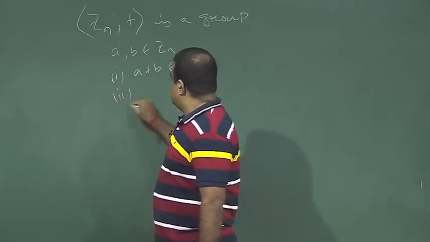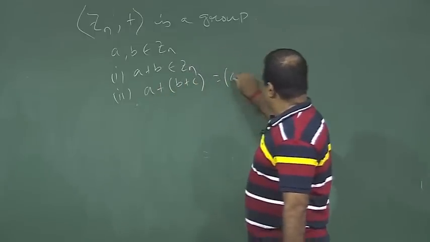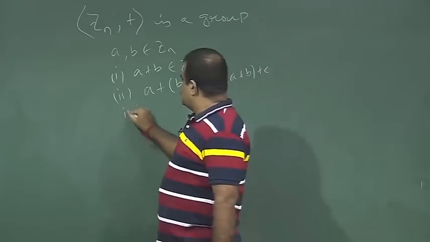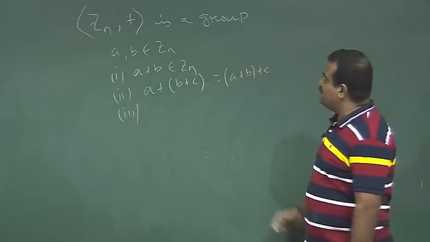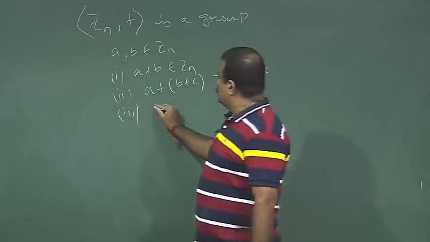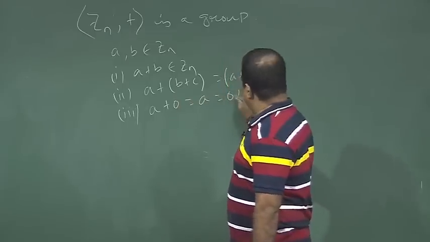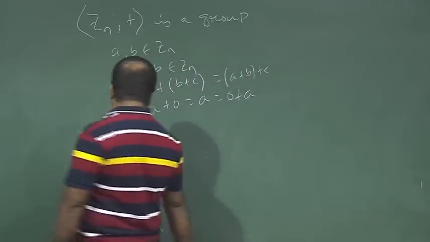Then associativity is also true, a plus b plus c is equal to a plus b plus c, we can easily check that. And the existence of identity element. So, the identity element is basically 0. So, a plus 0 is a, which is equal to 0 plus a.